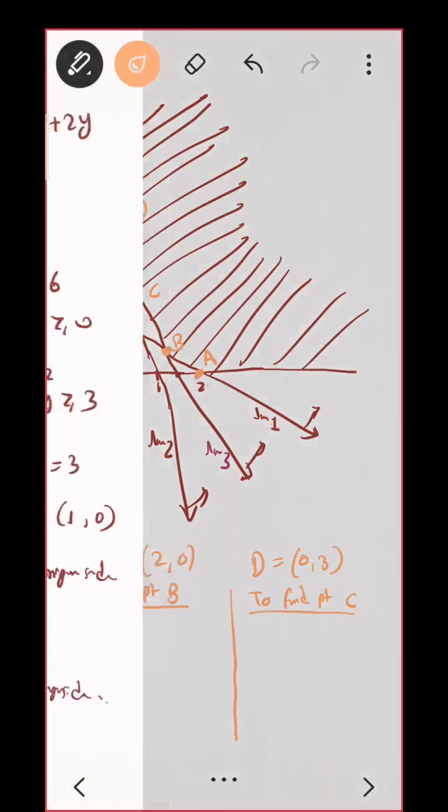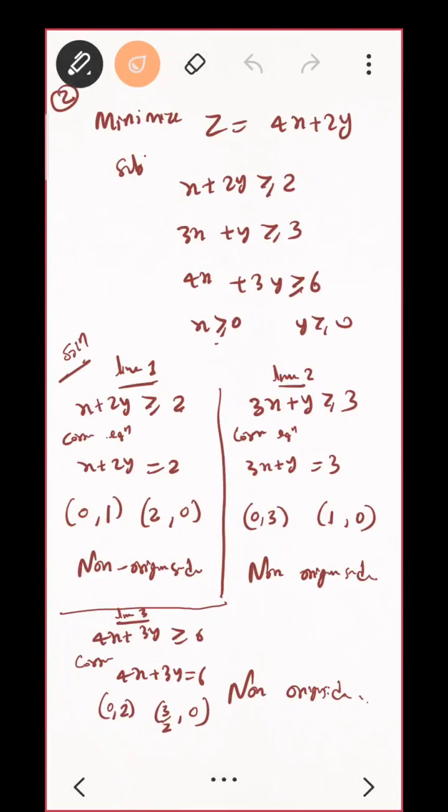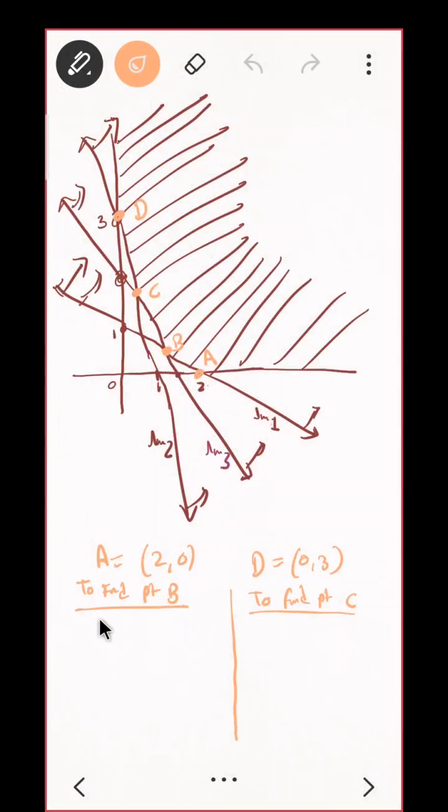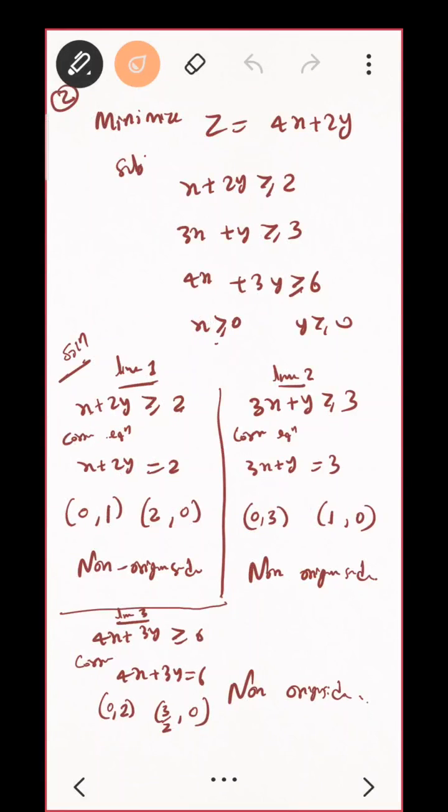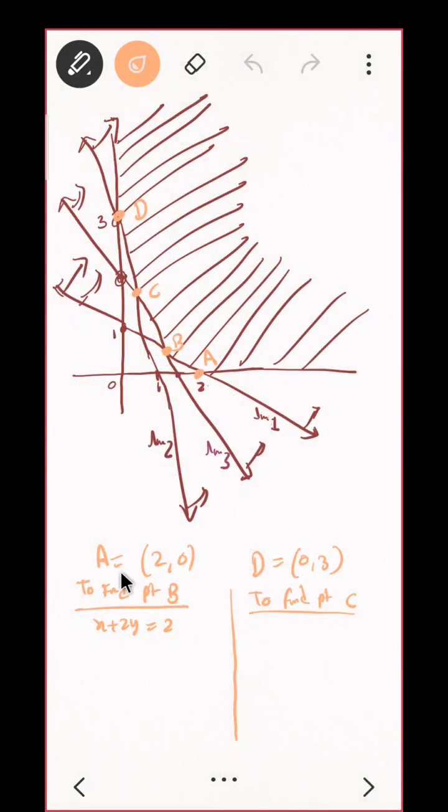I'll write it. Can you find that quickly? What is line 1? x plus 2y equal to 2. And line 3, 4x plus 3y is equal to 6, correct? You just need to solve. What should you do? You multiply this equation by 4 and then subtract it.